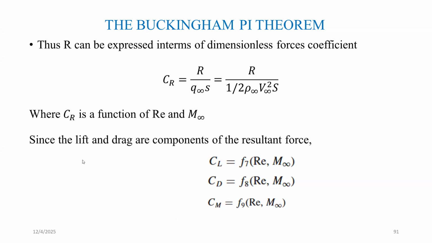Therefore, lift and drag are also components of the resultant force, so they are a function of Reynolds number and Mach number. Again, the moment is also a function of Reynolds number and Mach number.